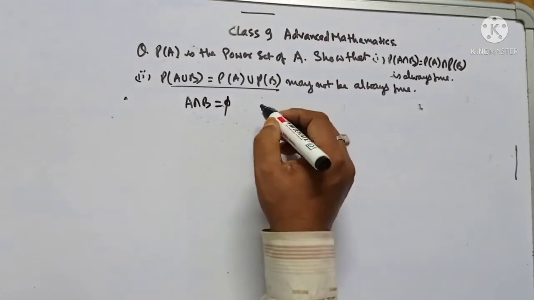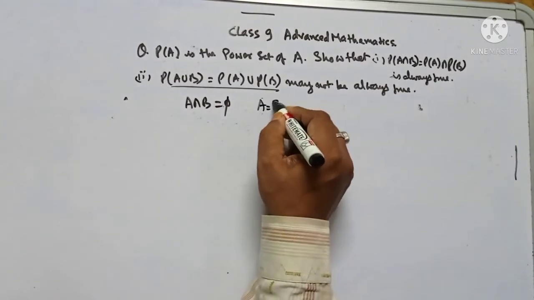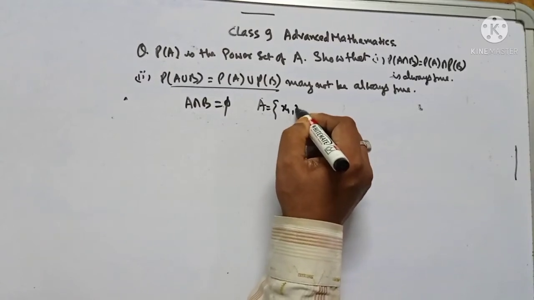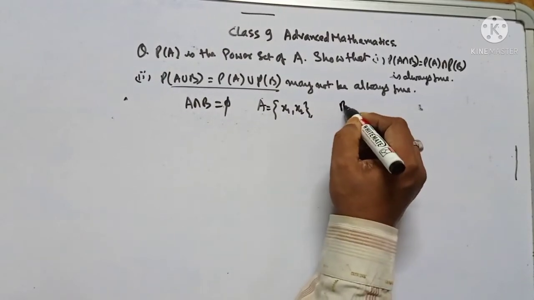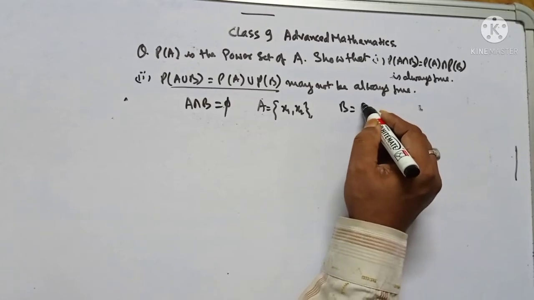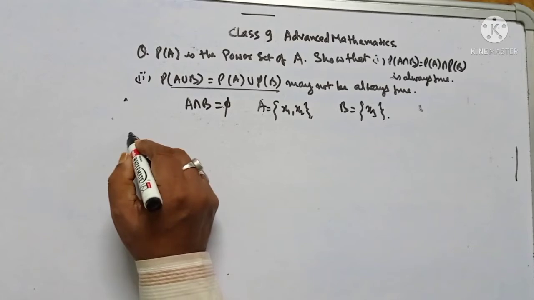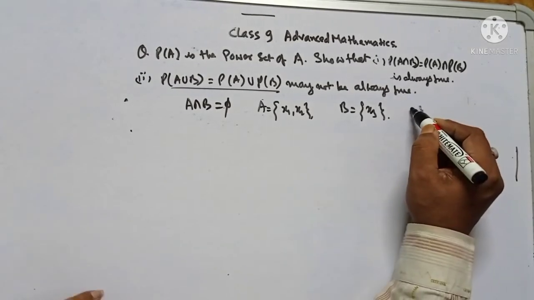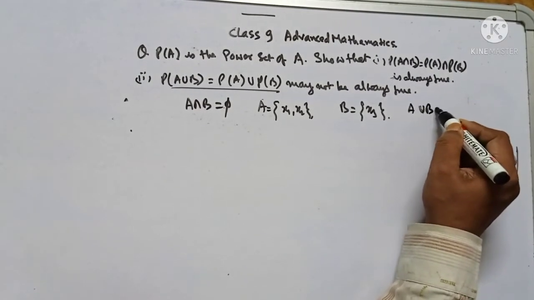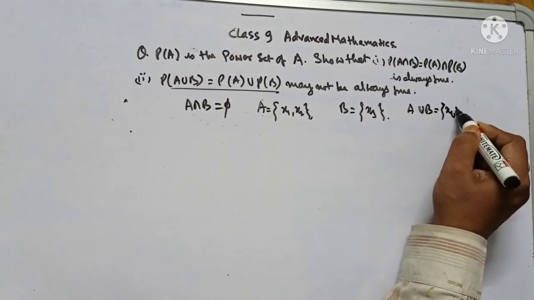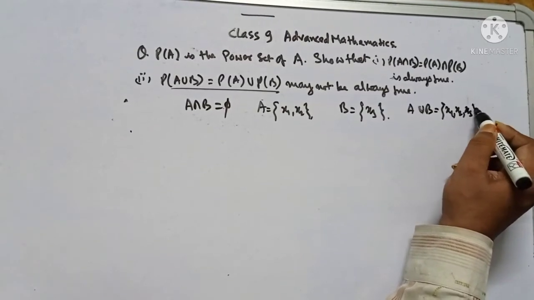Let A equal {x1, x2} and your B is equal to {x3}, two disjoint sets. So here your A ∪ B will be {x1, x2, x3}.